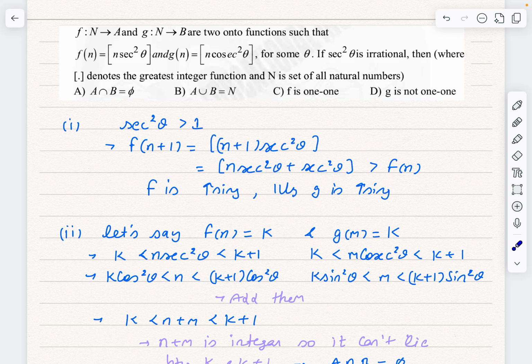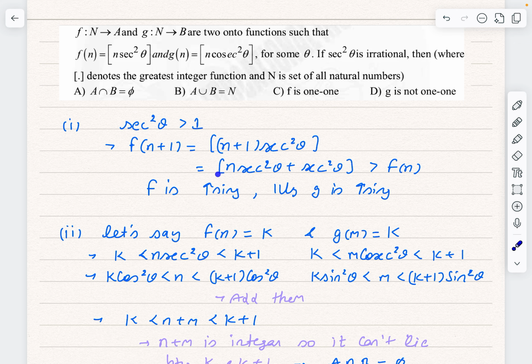Now, you know secant square theta is more than 1. n secant square theta will be some irrational number, because when you multiply n with some irrational number, it will be an irrational number. Now, whatever it is, it will lie between some integers. Let us say this value is approximately 3.4. The floor of that would have been 3. But if you add a number which is more than 1, the floor will be more than 3.